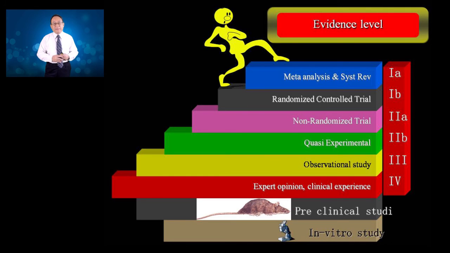But it doesn't mean that you can rely on the answer of expert opinion, because this is the lowest level of evidence. What about preclinical studies and in vitro study? We cannot use these two kinds of study, which are at the bottom of this slide. Those two cannot be used as evidence.